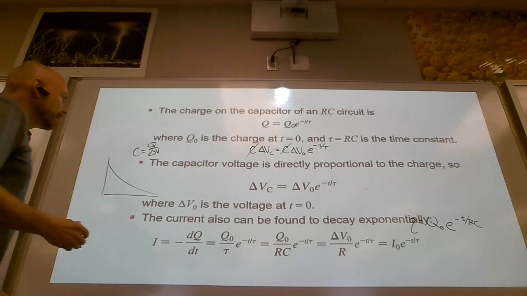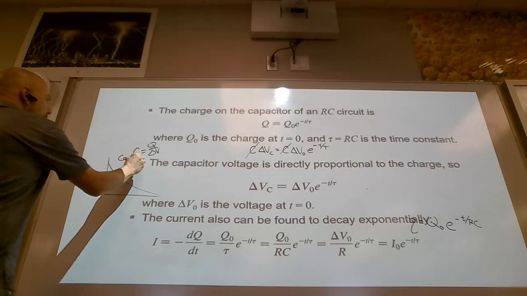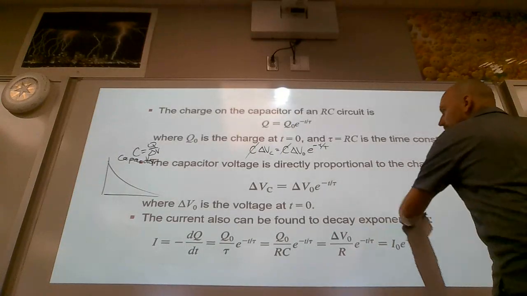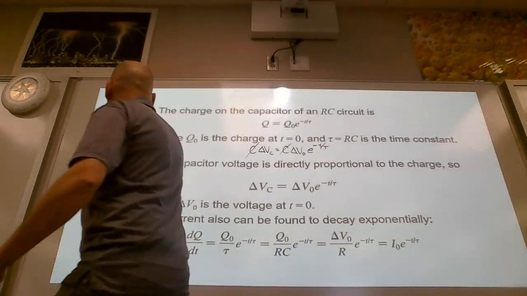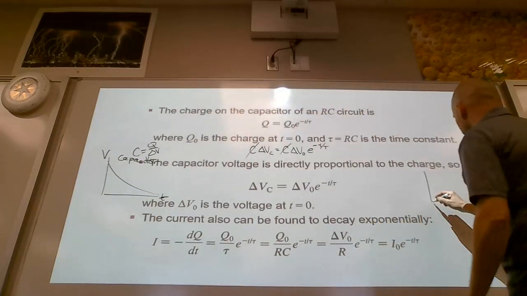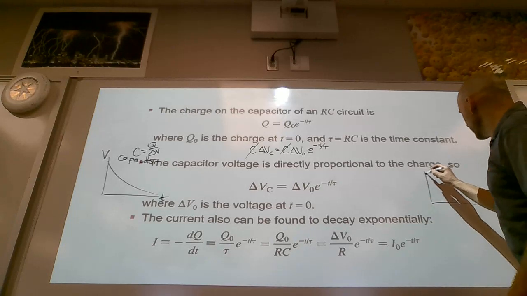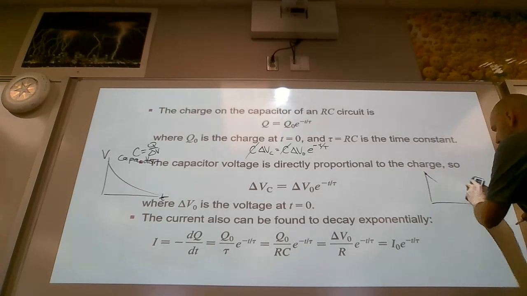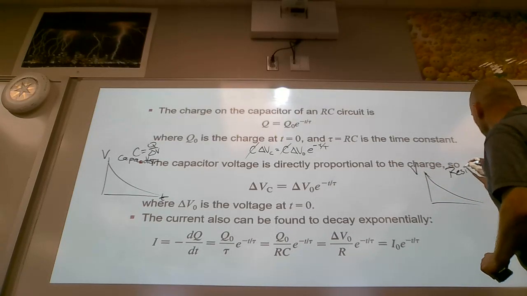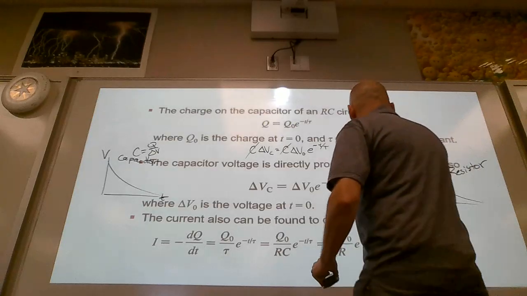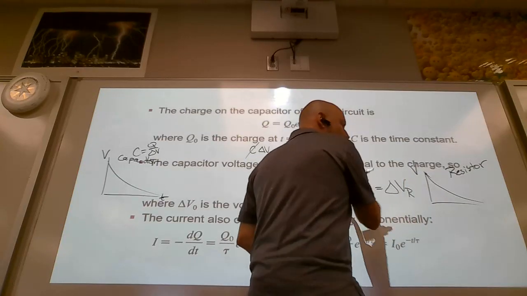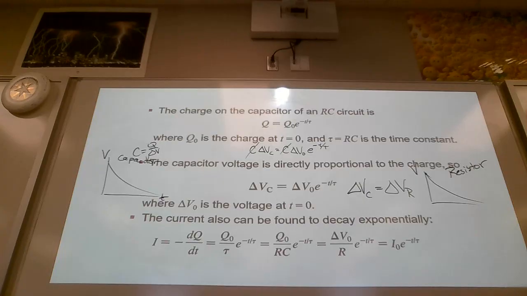And because the loop rule is a thing, the voltage across the capacitor is equal to the voltage across the resistor, since one's a voltage gain and the other is a voltage drop. Same shape.